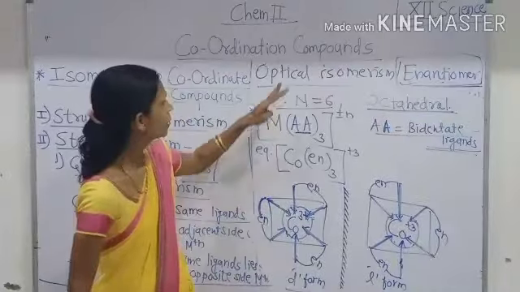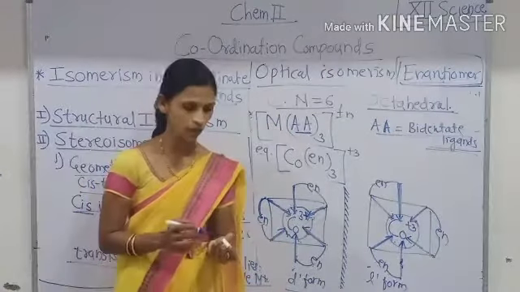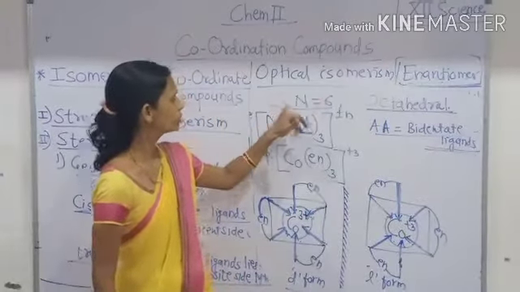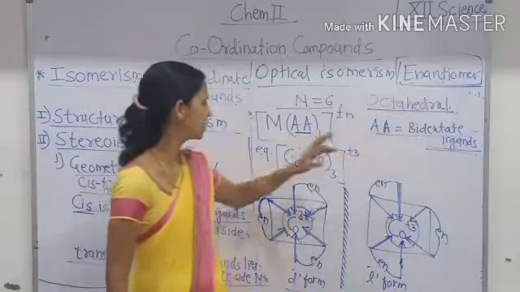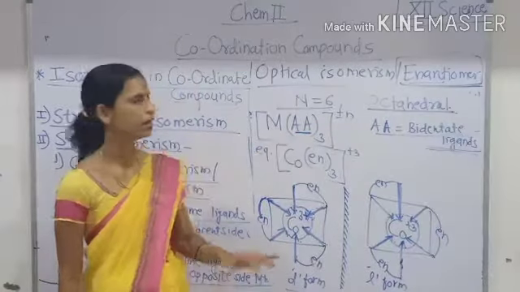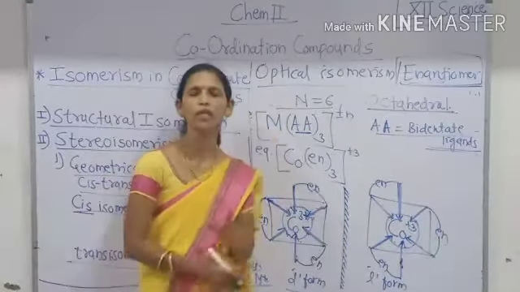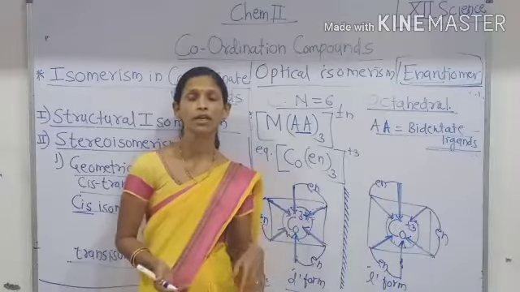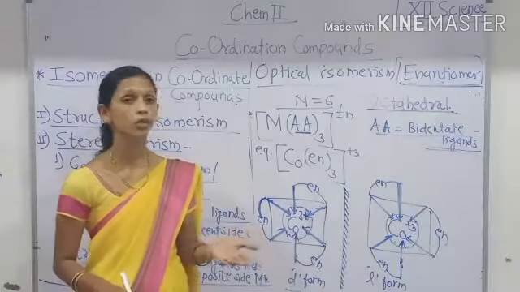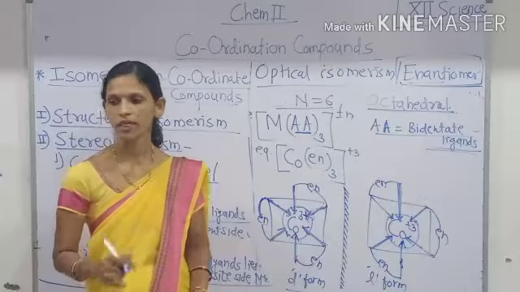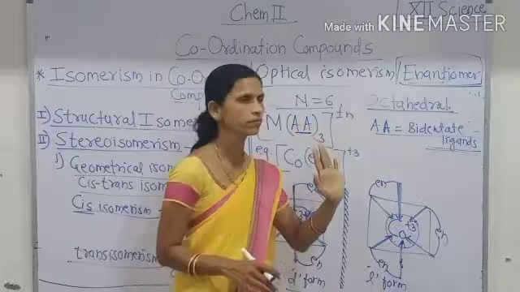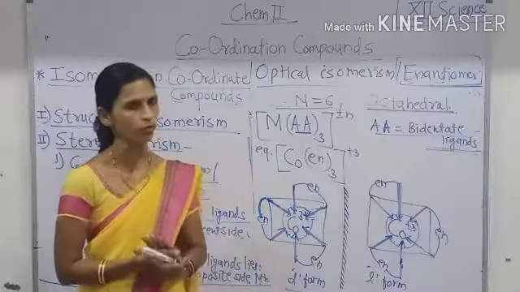See here, that is about the optical isomerism shown by coordination compounds having octahedral geometry in the M(AA)3 type of complex, and this type of isomerism cannot be shown by coordination compounds having tetrahedral or square planar geometry. That is about the optical isomerism shown by the coordination compounds.